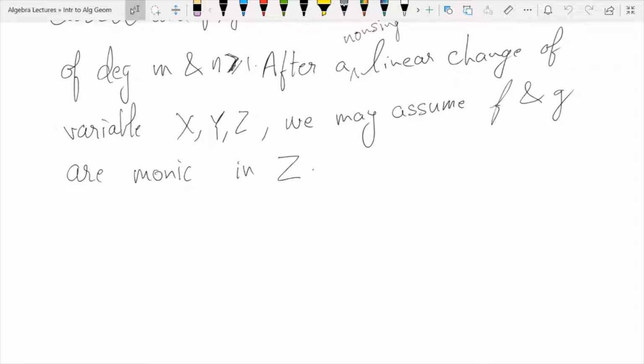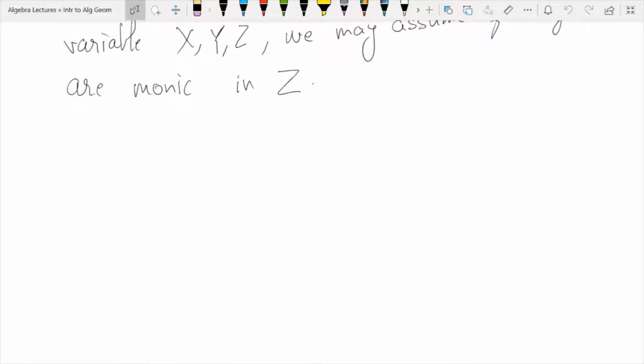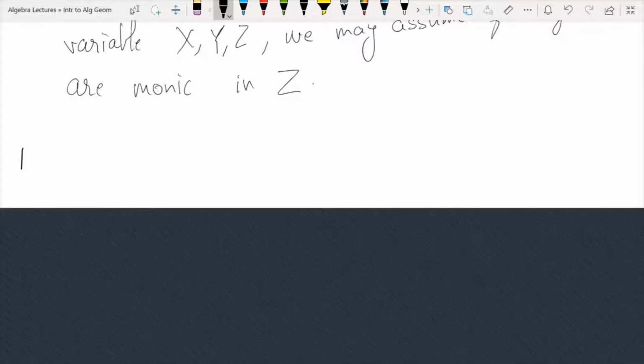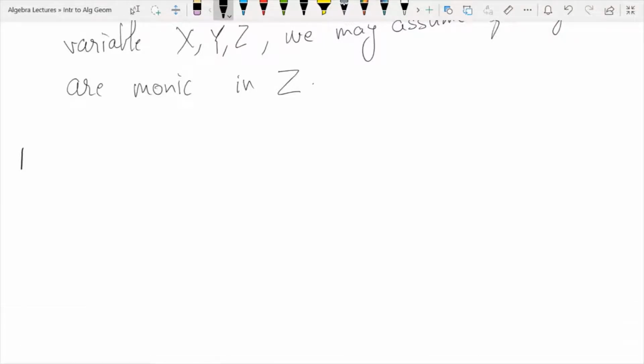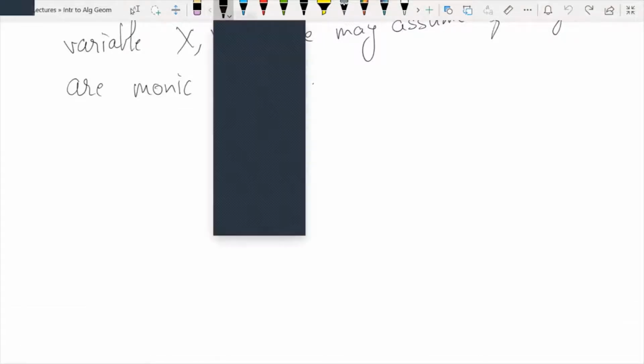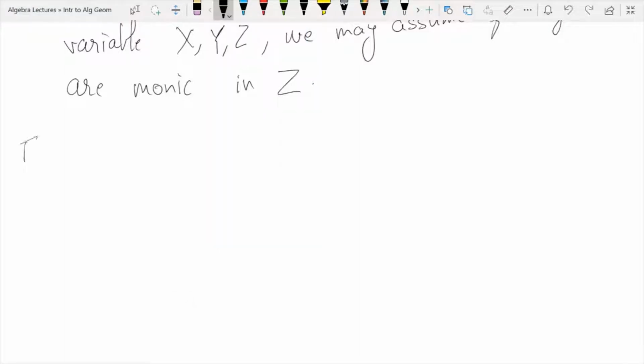Before going to the proof, let's see some examples. We were discussing a line and a circle. In fact, let's just take some example.